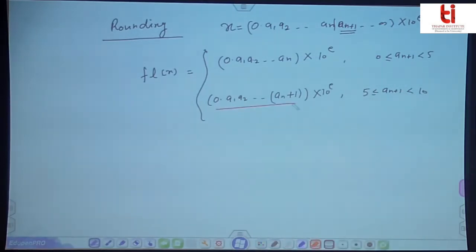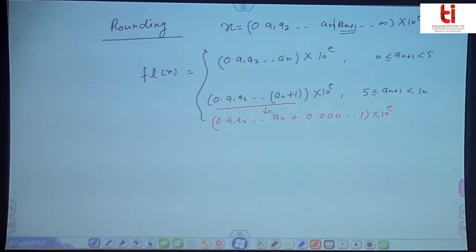We can write this term as 0.a1 a2 ... an plus 0.000...1, because we are adding 1 to an only. It is at the nth position, into 10 raised to power e. We are writing this like that. Okay.